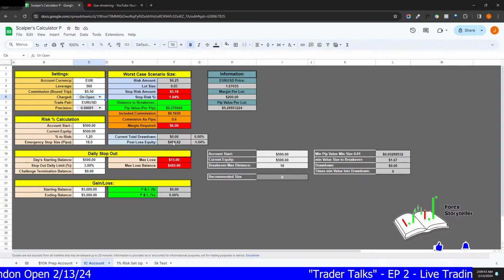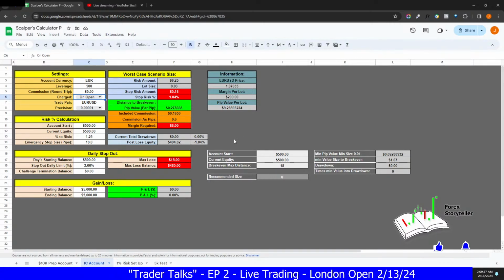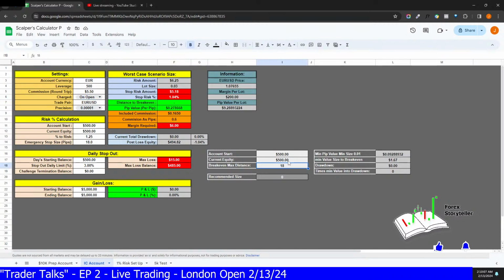If we do hit that stop the first time, just looking at the 494.82 as the balance. So right now, there's no need for this part of the calculator. This is basically to work the formula for break even from a different direction. If you're looking at, potentially right now, I'm thinking max target's going to be 14.